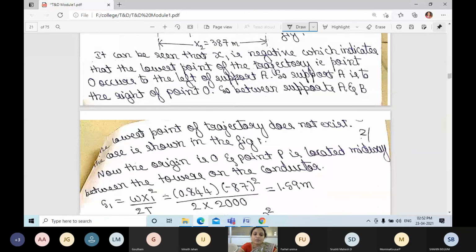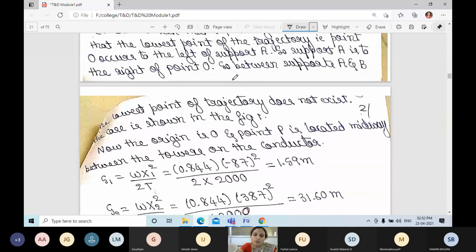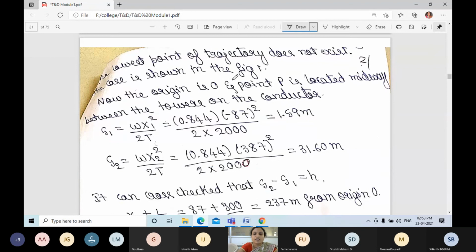Now the origin is point O and point P is located midway between the towers on the conductor. S1 you need to find out as it is by using minus 87. If you use minus 87, when you square it you'll get the positive value. And next you need to find out the S2 value using the same values.